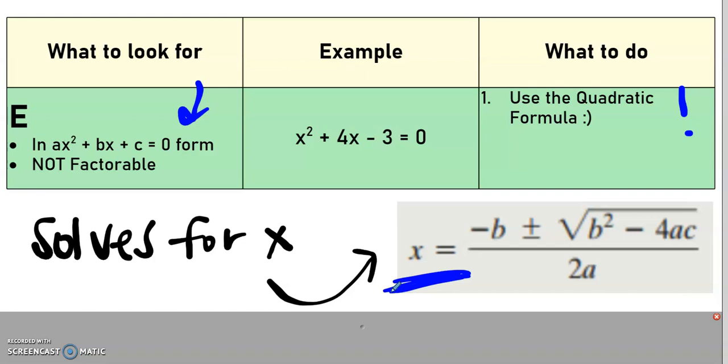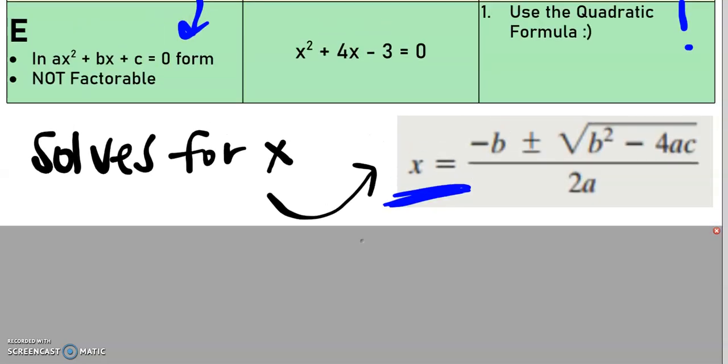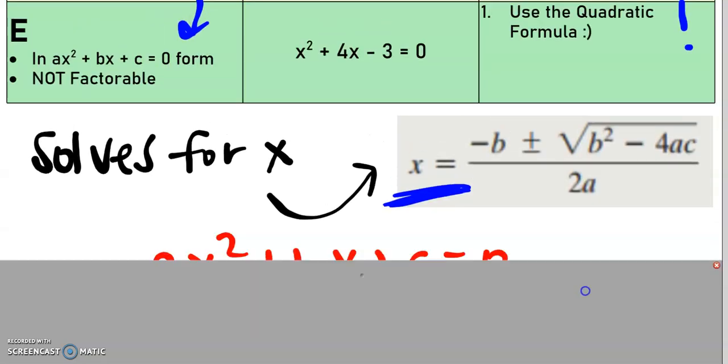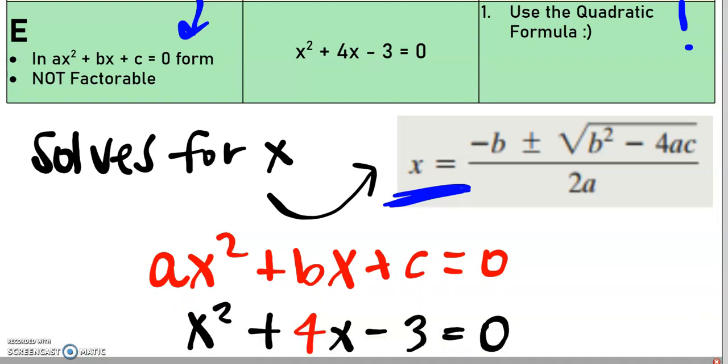But anyways, what I think is really helpful here is to first figure out what our a, our b, and our c are. Here's the equation we are working with in standard form: x squared plus 4x minus 3. What is our a, our b, and our c?